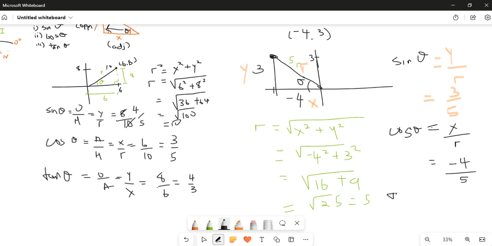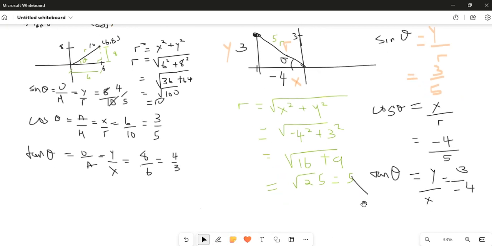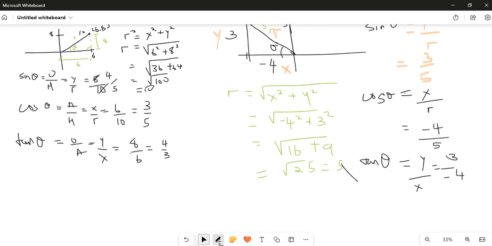And then tangent is opposite y over x, opposite over adjacent. y is 3, x is going to be -4. So our tan theta is going to be -3/4.